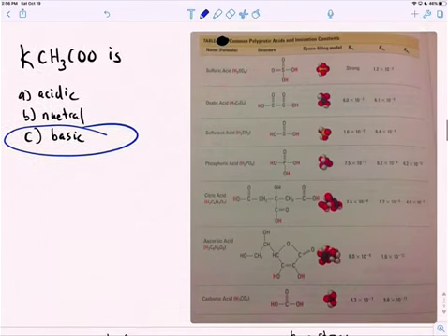All right, the next thing I talk about is polyprotic acids. Polyprotic means many, so two or more protons. For sulfuric acid, I mentioned the first proton is strong, the second one is 0.012.